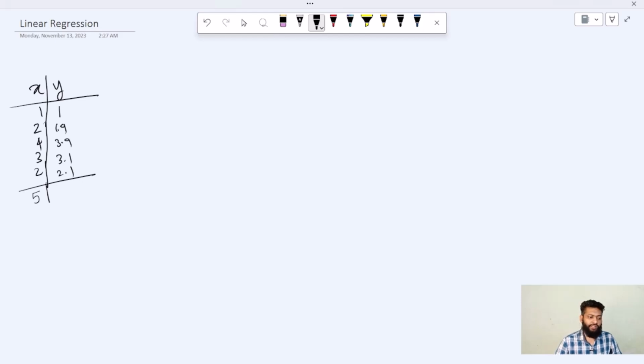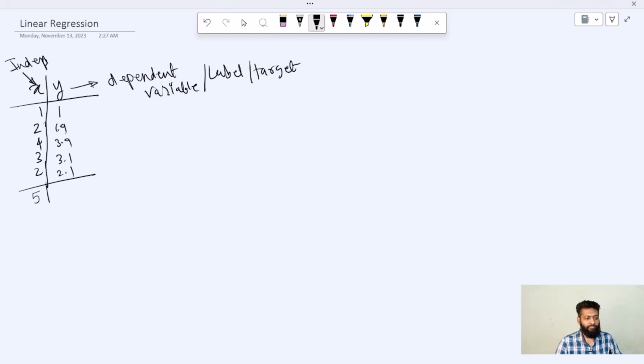In this case, y is called the dependent variable, and it is also referred to as a label or target, whereas x is called the independent variable, also called features. Now the value of y depends on the value of x.